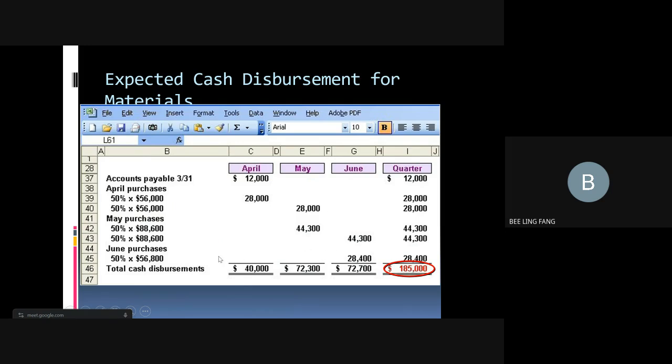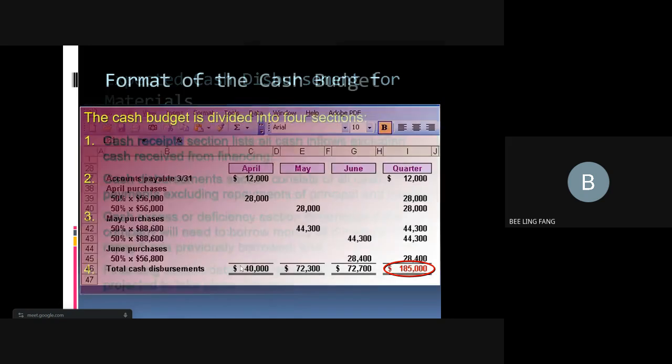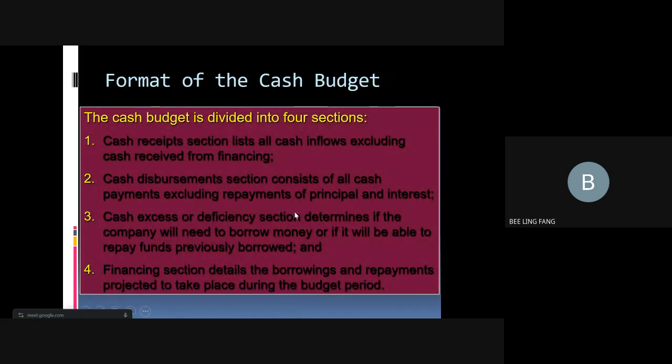And the total disbursement. So basically, the cash budget is divided into 4 sections. First, the cash receipts section. Then you total it. After that is your cash disbursements, right? And then you have to minus that. You have to minus the disbursements from the receipts. Then you can check the cash excess or deficiency.